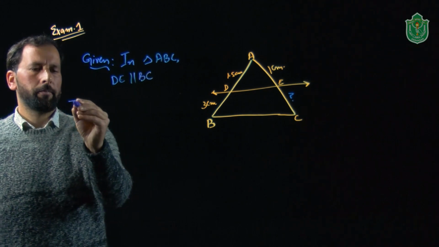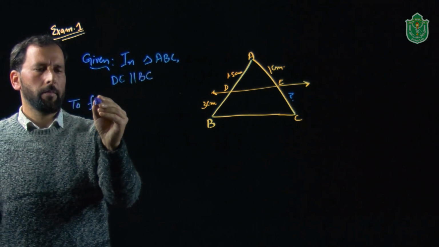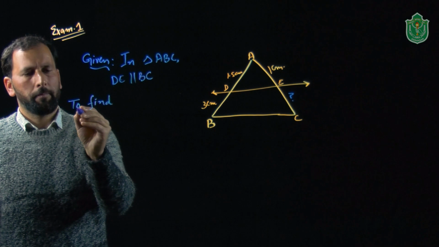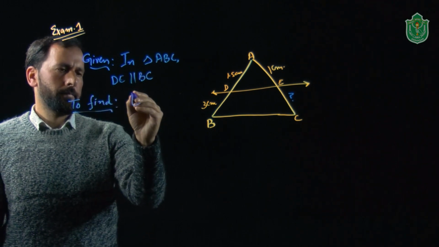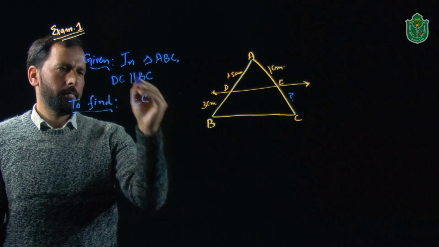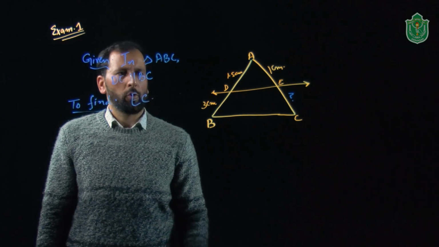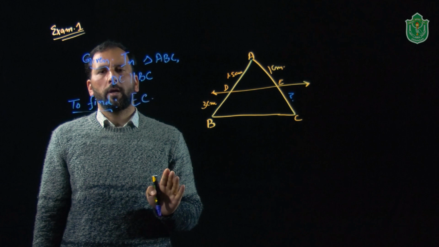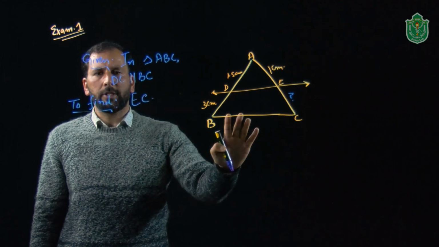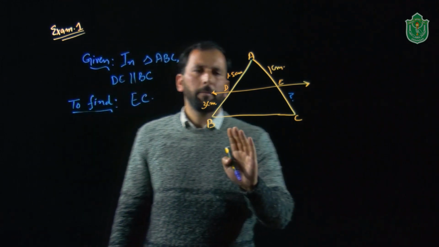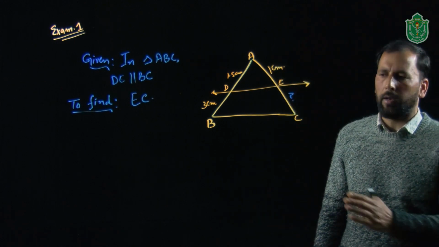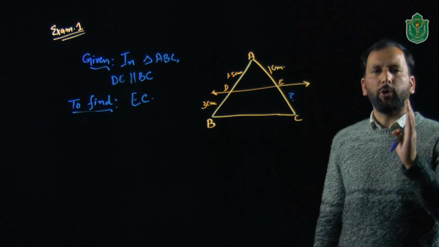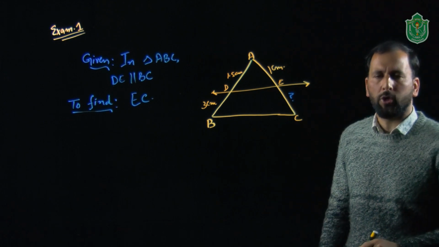Then to find, we have to find here, that is EC. So which theorem do we have to use here? Simply we have a triangle ABC and one line, that is DE, is given parallel to one side of the triangle, that is BC. Clearly we use the basic proportionality theorem here.